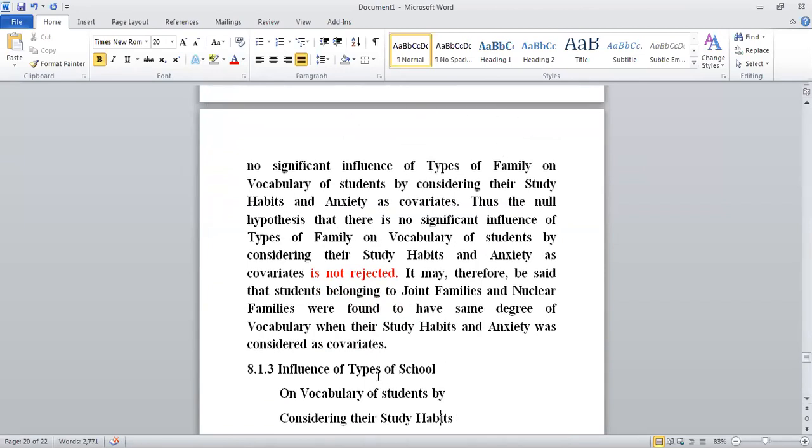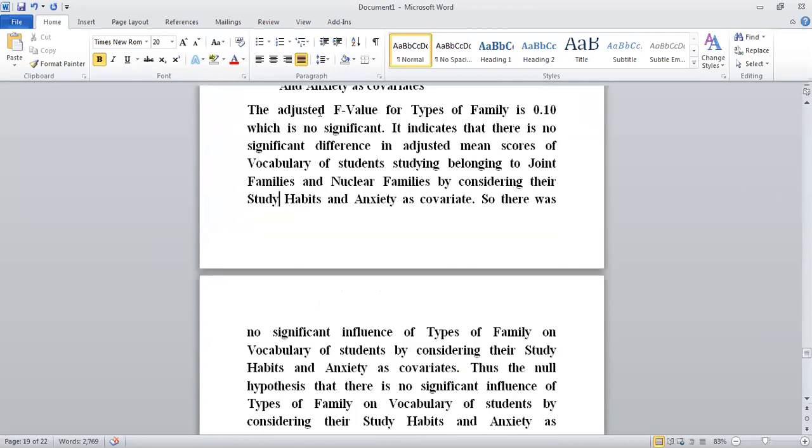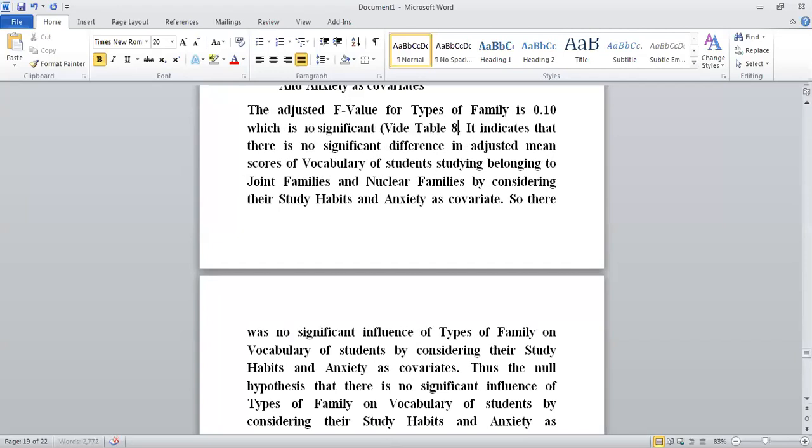Now in this case, influence of, now we have the gender. Influence of gender on vocabulary of students by considering their study habit and anxiety. Fine. From now, did I write from table? Oh, this I did not write. So I should write from table 8.